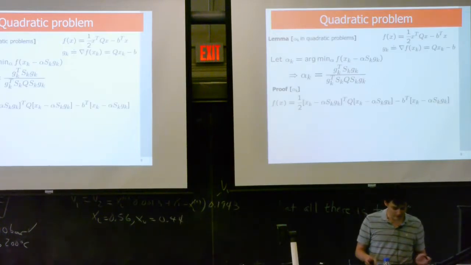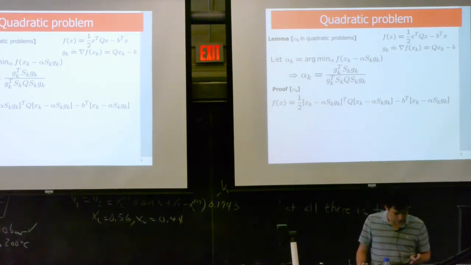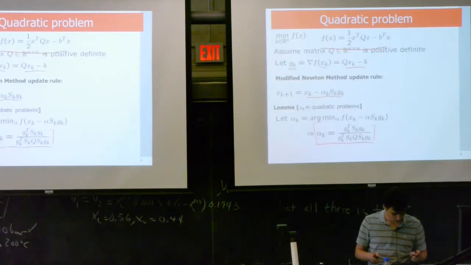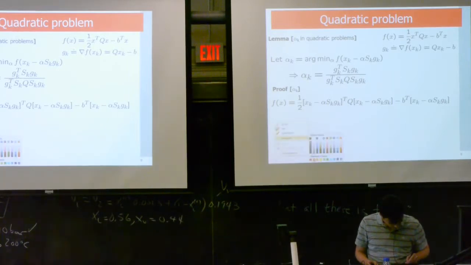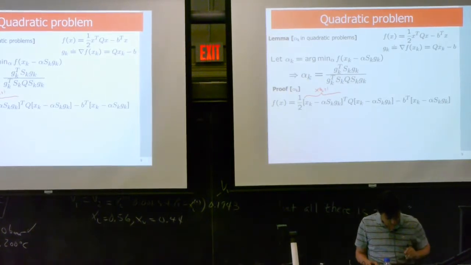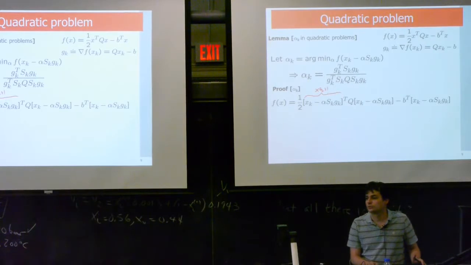Okay, the proof is very simple. So again, f is a quadratic function. This is x_{k+1}. So what do we need to do? So here is this function f of x.